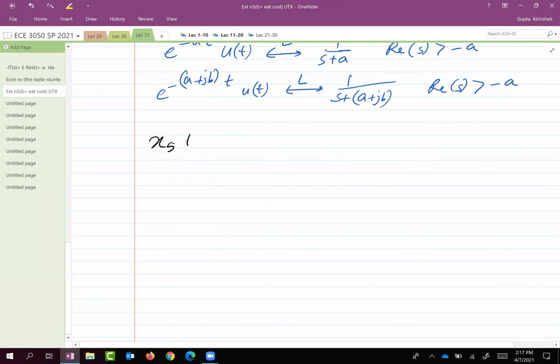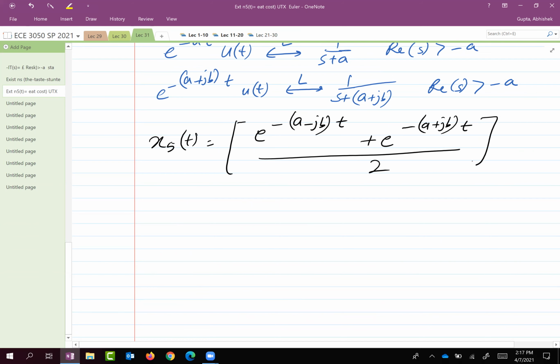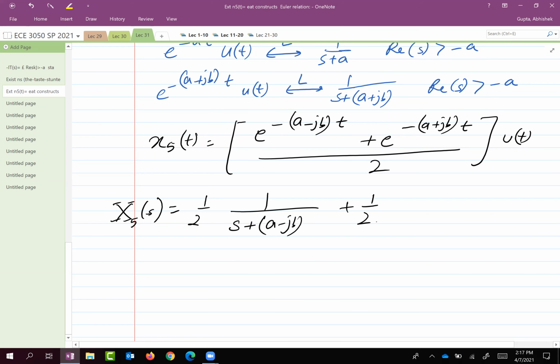My x5 of t was e raised to minus a minus... so my Laplace transform is going to be 1 over 2 times 1 over s plus a minus jb, plus 1 over 2 times 1 over s plus a plus jb.